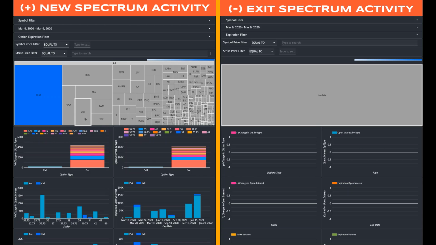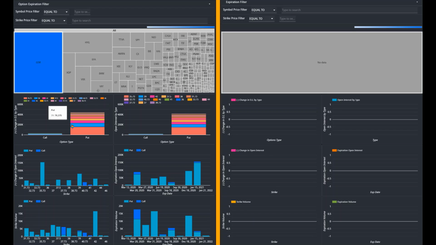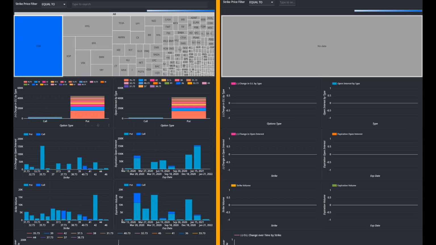So going to the left side, when we investigate EEM, we can see that the spectrum for EEM today has the following distribution of puts and calls. And in the description below, you're going to be able to go to this dashboard and click around yourself if you feel like it. So moving on, we can see the distribution of all the expirations.